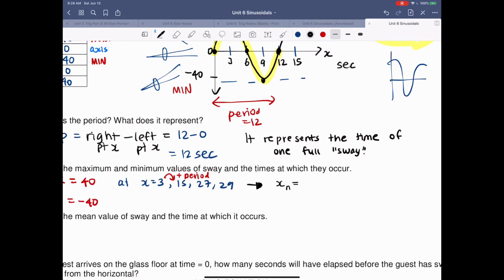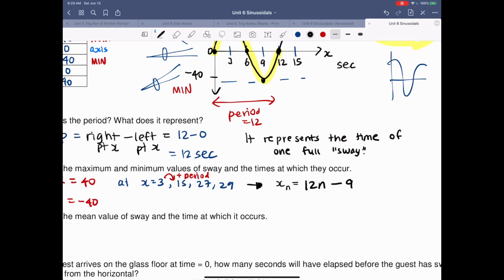Well, I know that I want 3 at the end of this if I plug in a 1. And my thought process of getting this equation is, well, the difference between each of the numbers is changing by 12. So I'm going to say, okay, 12 times n. Well, if I multiply that number by 1, I get 12 and not 3. So to change that, I'm going to subtract 9.